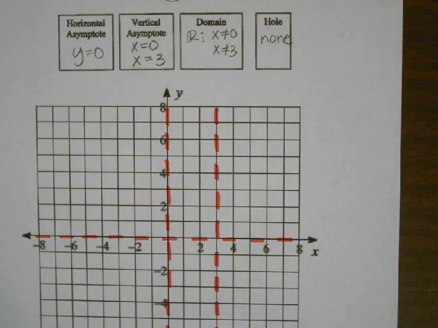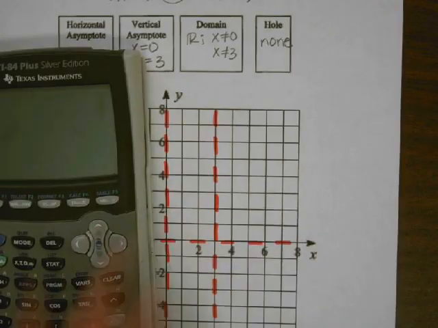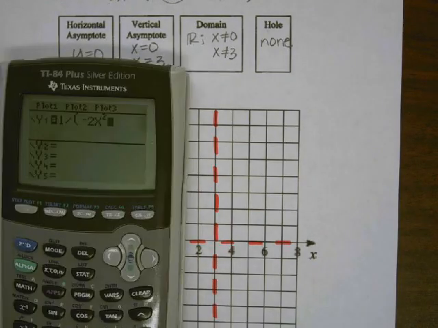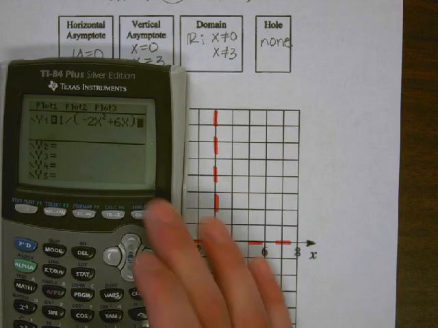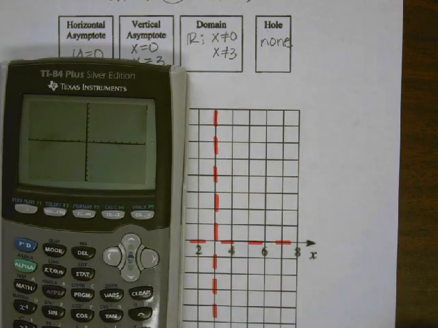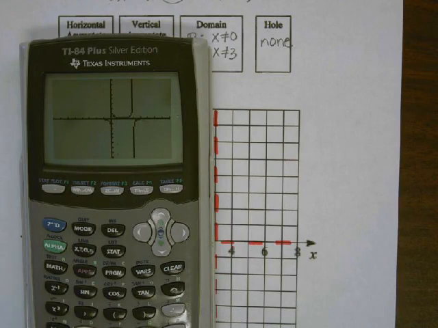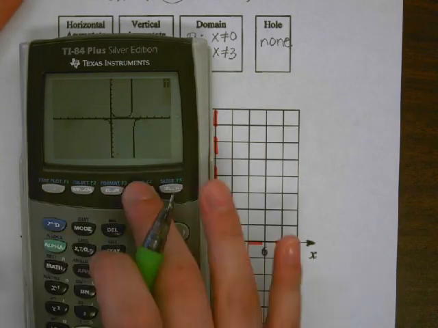Okay, I'm going to go ahead and graph that. 1 divided by negative 2x squared plus 6x. Okay, that's kind of hard to see if you have a calculator that's as old as mine. So I'm going to go ahead just like I normally do.